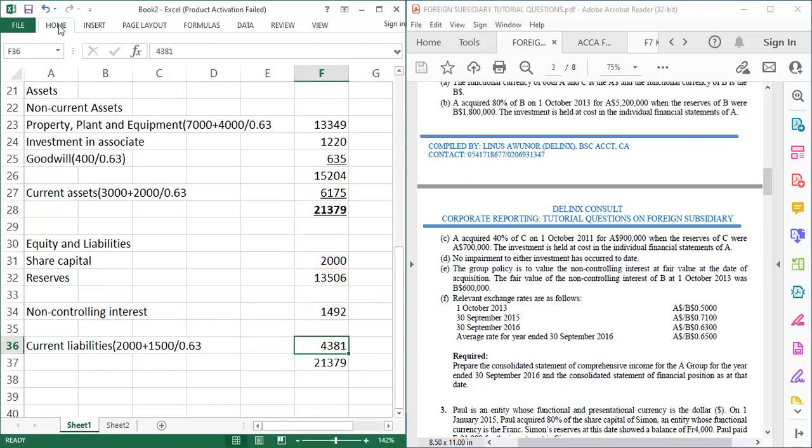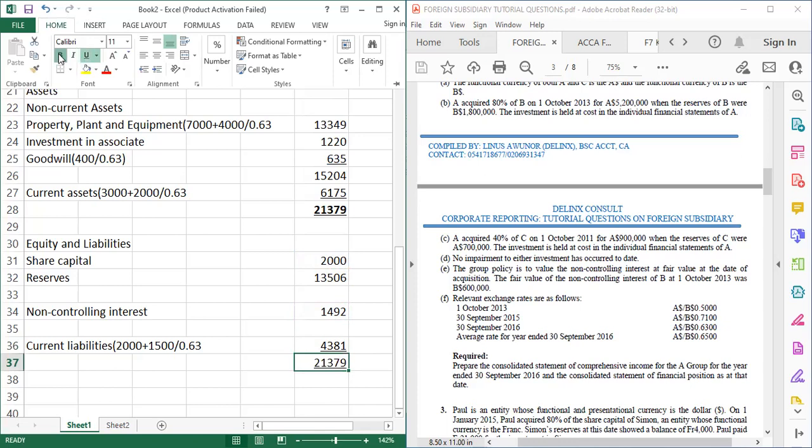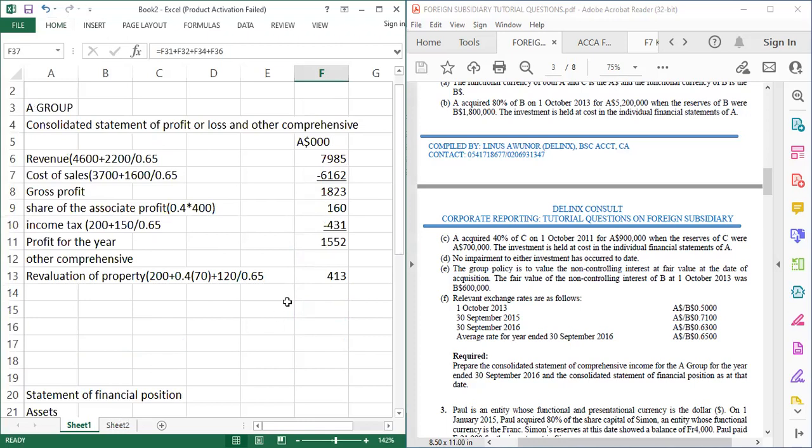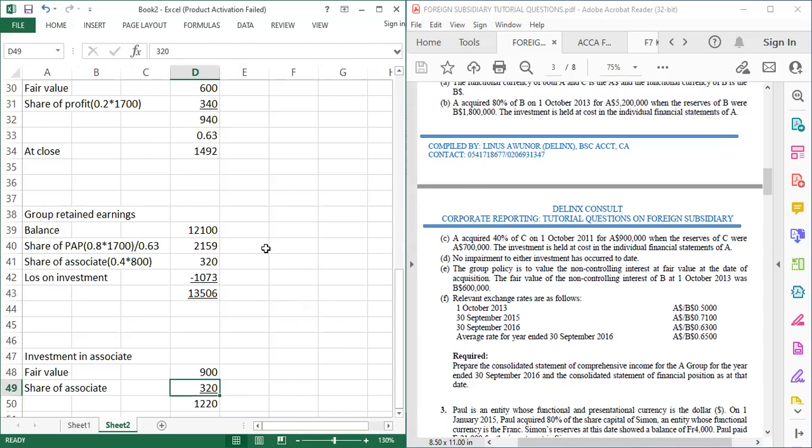Okay. This is a shortcut too, but let's go back to the long way. Then we see what we can do. So this one, we come and show the translation gain here, but let's do the workings. The investment in the associate will still be the same, but if we are doing the other way around, then the share of the associate profit will be translated at an average rate.